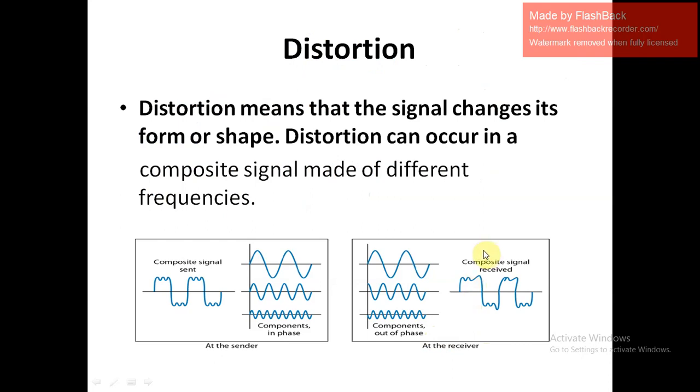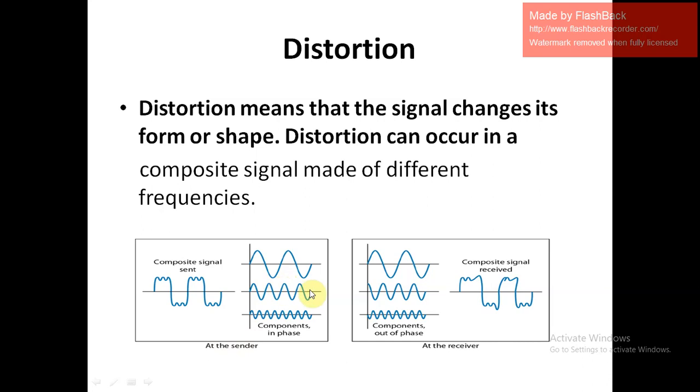Next is distortion, another type of impairment. An ideal digital signal has infinite bandwidth, and when it is transmitted through a physical medium, it is decomposed into a fundamental sine wave and its harmonics.